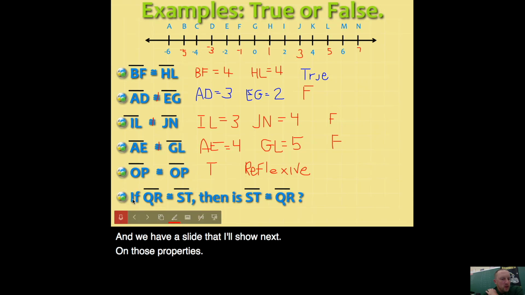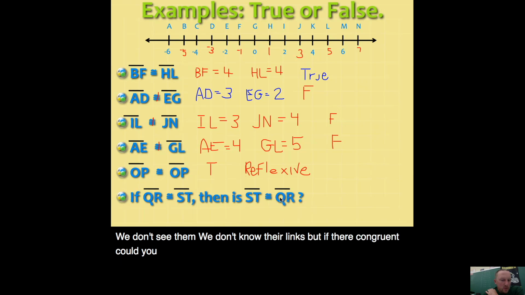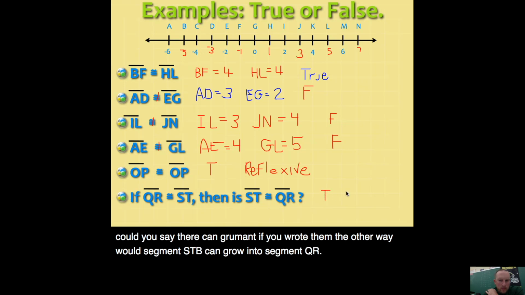Okay, same concept now. What if segment QR is congruent to segment ST? We don't see them. We don't know their lengths. But if they're congruent, could you say they're congruent if you wrote them the other way? Would segment ST be congruent to segment QR? Definitely. That's true.